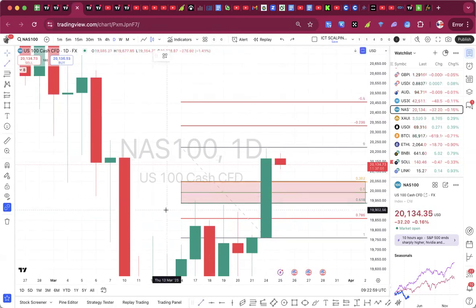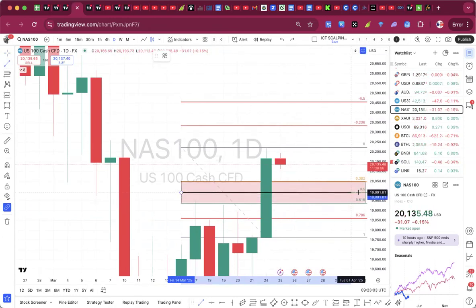I put this line on that 50. Okay, so this is 50. So anything below 50, which is 19,993. So the golden ratio, 19,993 to 19,936, right?